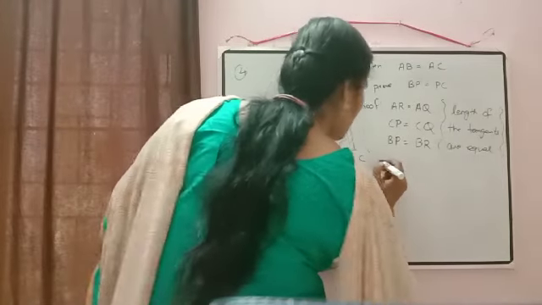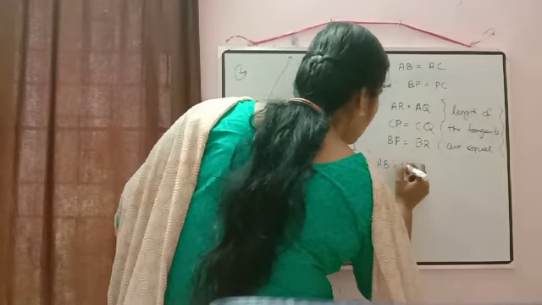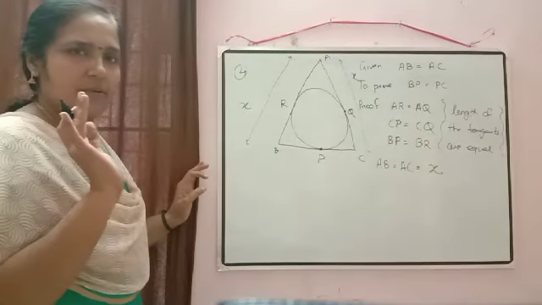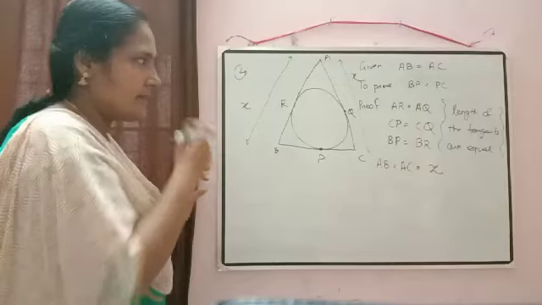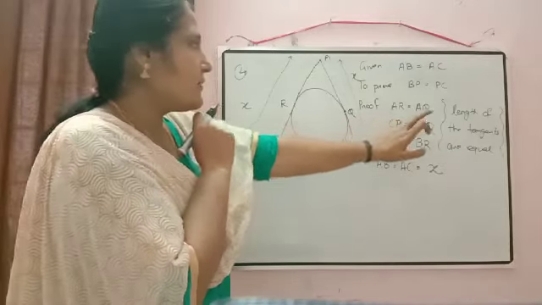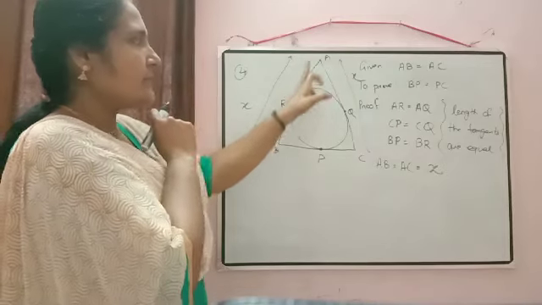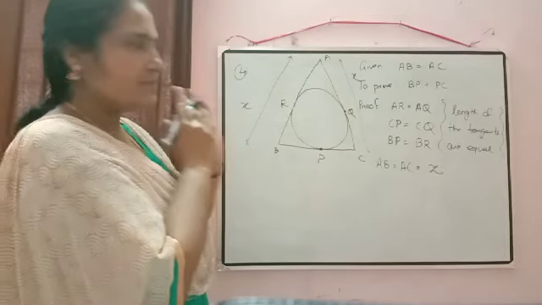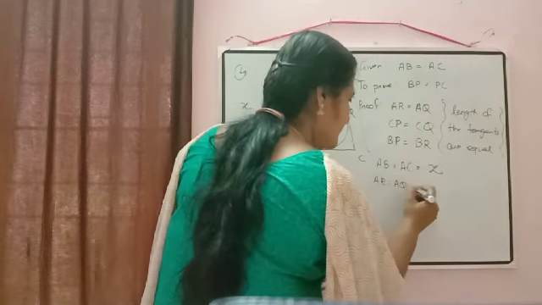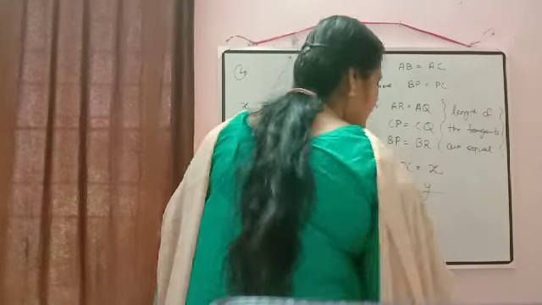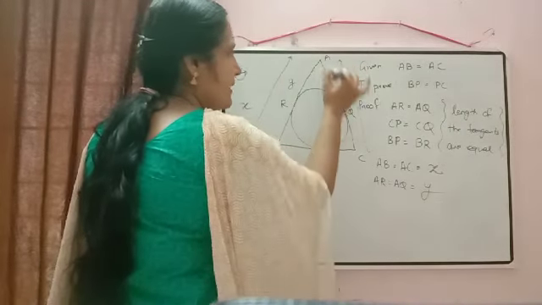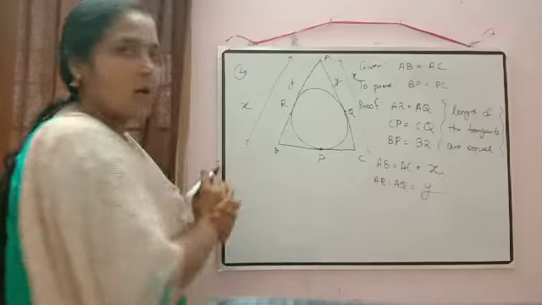So just write down there AB is equal to AC, that we have taken as X. Now, just now you wrote there AR is equal to AQ. So AR and AQ are equal in length. So that equal length I am taking as Y. Okay. So AR taken as Y and AQ also taken as Y.